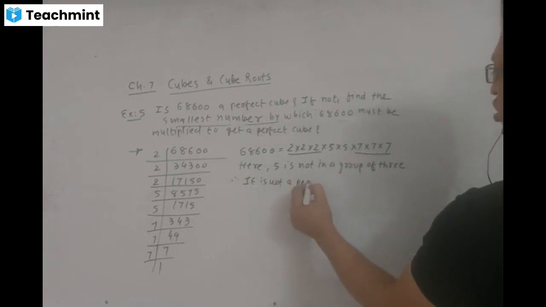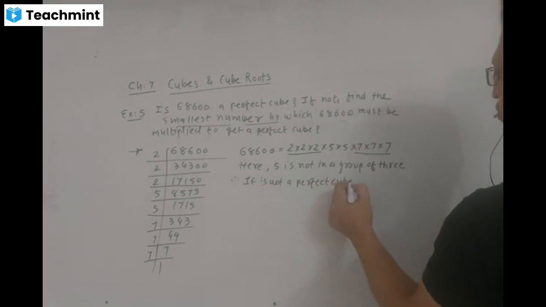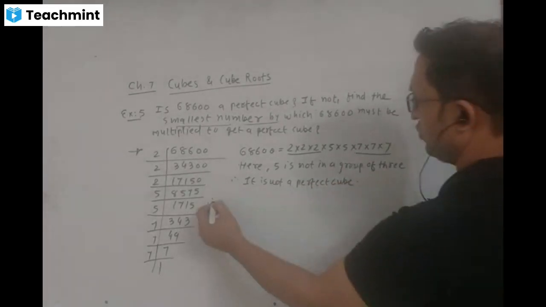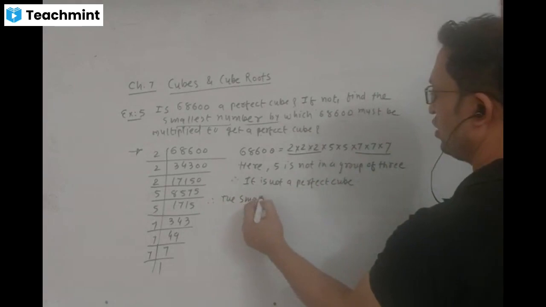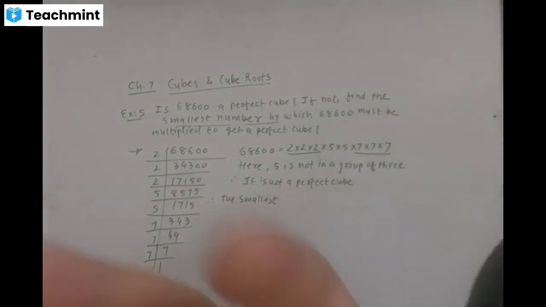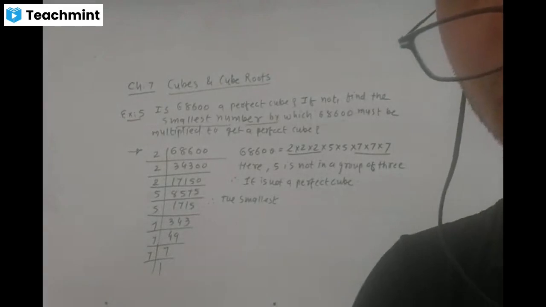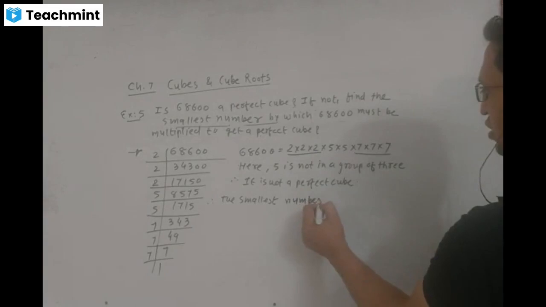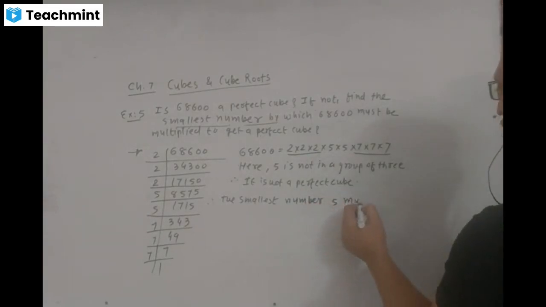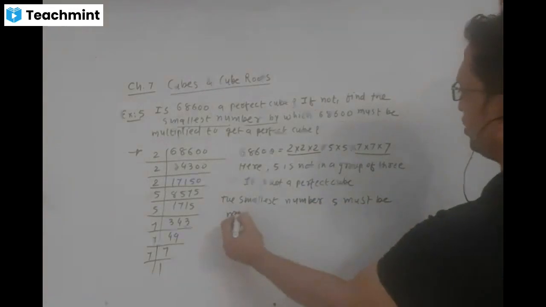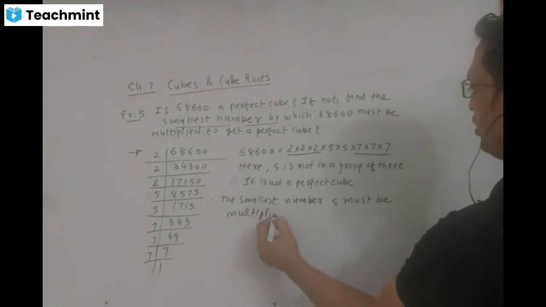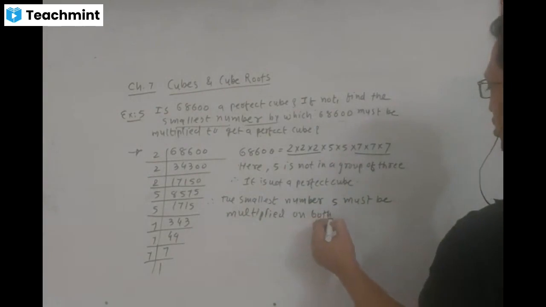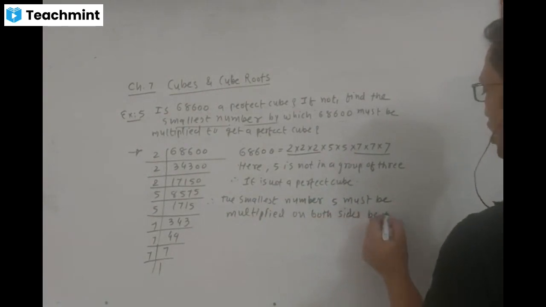Therefore, the smallest number 5 must be multiplied on both sides to be a perfect cube.